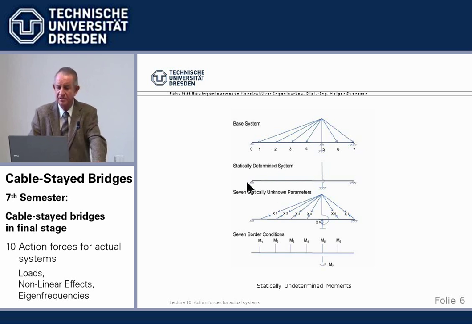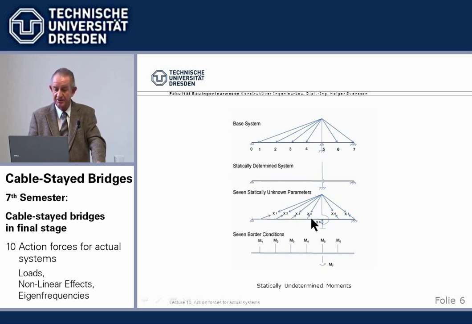If we look into it, the statically determinate system is the full beam on supports between the abutments, but no other supports. So we have 4, 5, 6 stay cables, which are statically indeterminate, plus the pier support. Those are our statically indeterminates.